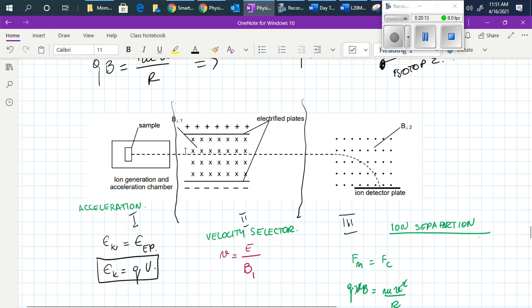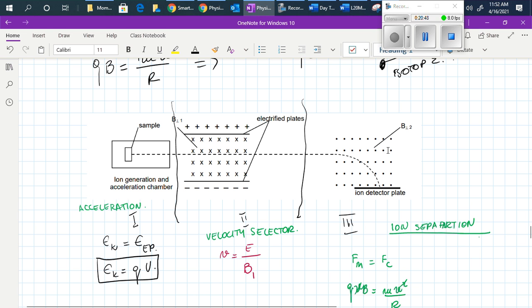And then as it is accelerating enough, it is going through the velocity selector, which the job of a velocity selector is to select the charges with a certain velocity, and it's a combination of perpendicular electric and magnetic fields, and we are calling it B1 here.